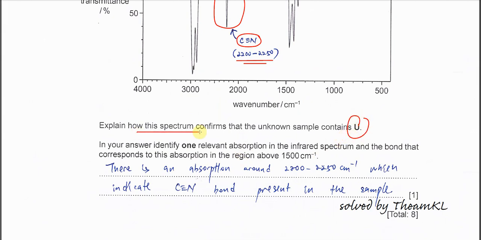Explain how this spectrum confirms that the unknown contains U. Very easy, because there is an absorption around 2200 to 2250, which indicates the nitrile, or the C triple bond N, present in the sample.